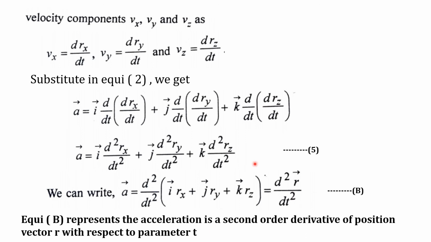Hence, that is what we discussed here in terms of the vector form: the derivative of the position vector with respect to time for velocity, and the derivative of the position vector with respect to time for acceleration. Both terms we discussed here. Thank you.